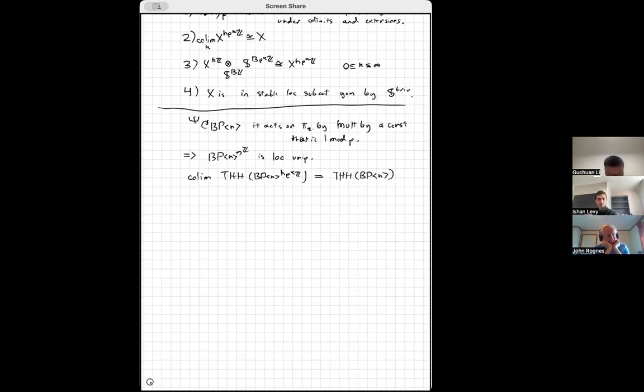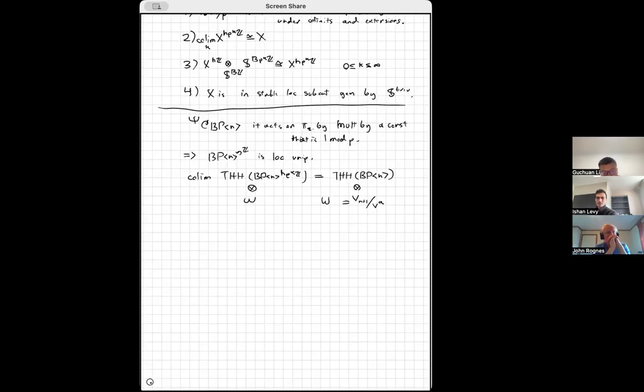Okay. And so this is true, and so we can also just tensor it with our favorite type n plus 1 complex. And I'll just give this a name to shorten the notation a little bit. I'll call it W. So I'm just going to tensor this isomorphism with W.